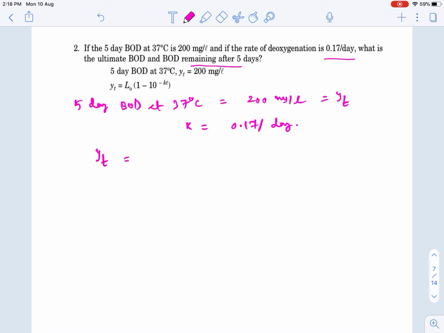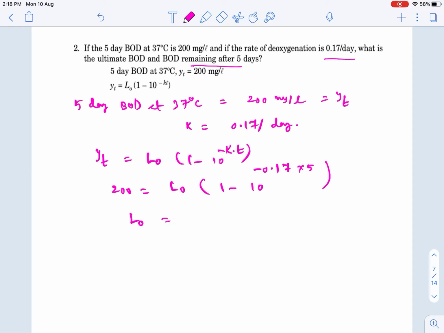So first you have to calculate the ultimate BOD. BOD exerted is equal to L0 into 1 minus 10 to the power of minus k into t. The 5-day BOD is 200 milligrams per liter. So 200 is equal to L0 into 1 minus 10 to the power of minus 0.17, the deoxygenation constant he has given, multiplied by 5 days.